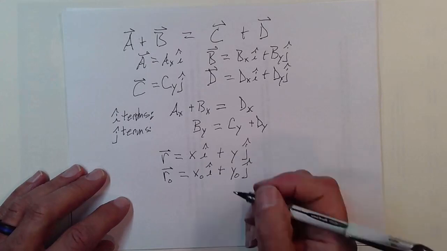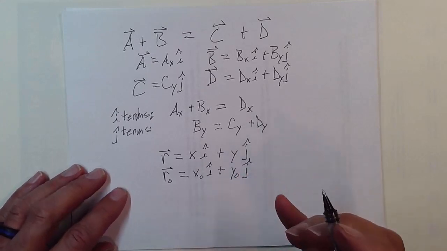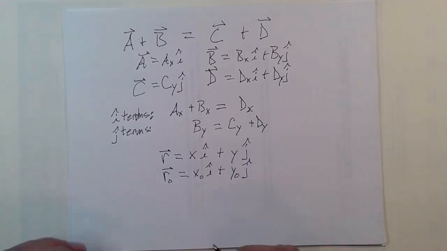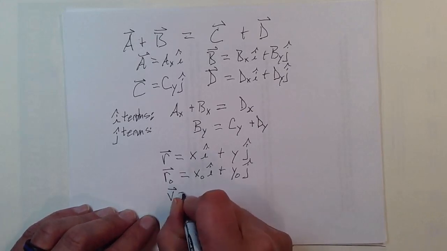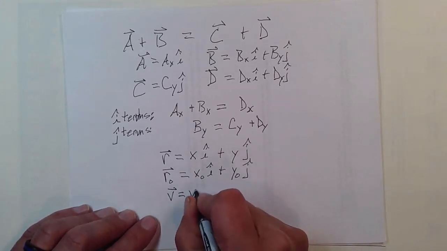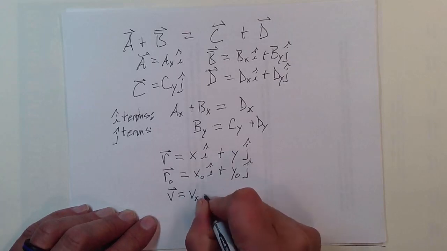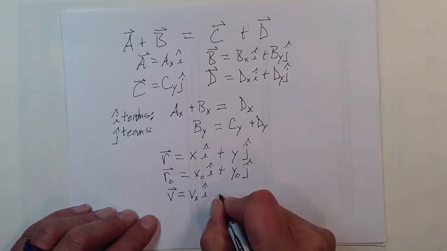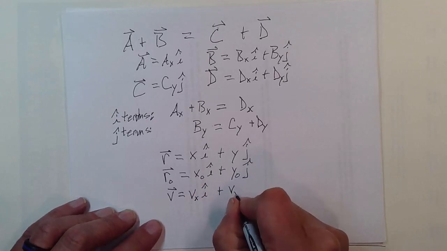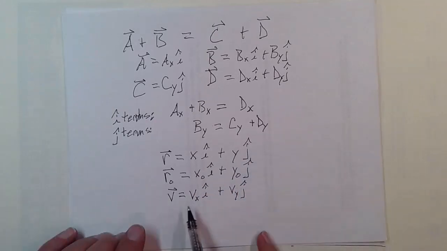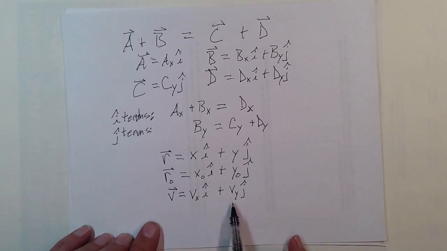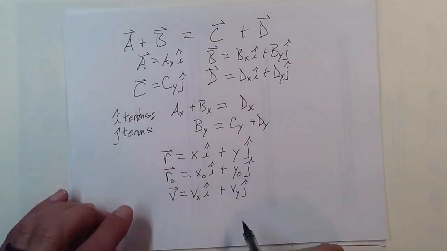Okay. Now, let's suppose we have motion with constant velocity. Okay, so we would have v is equal to v sub x in the i hat direction plus v sub y in the j hat direction. So that's what v happens to be. Well, here's what we can write.